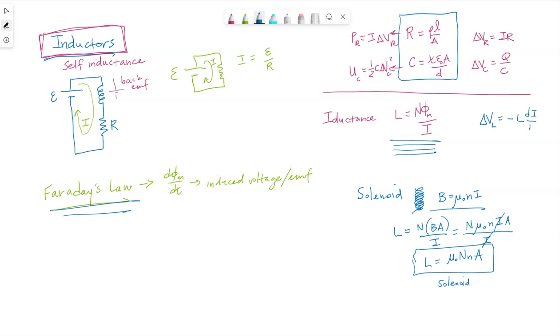If we write it in terms of its inductance, this potential difference or voltage difference is equal to negative L, the inductance, dI/dt. This dI/dt is the rate the current in the circuit overall is changing.